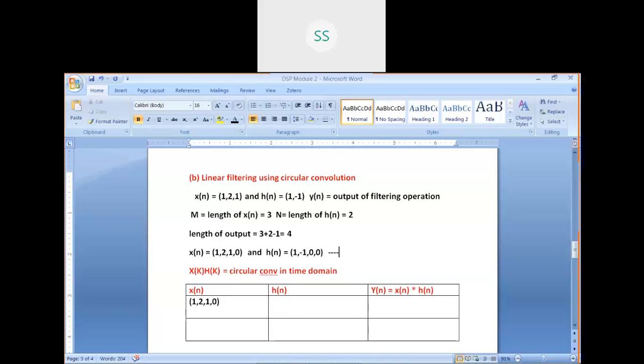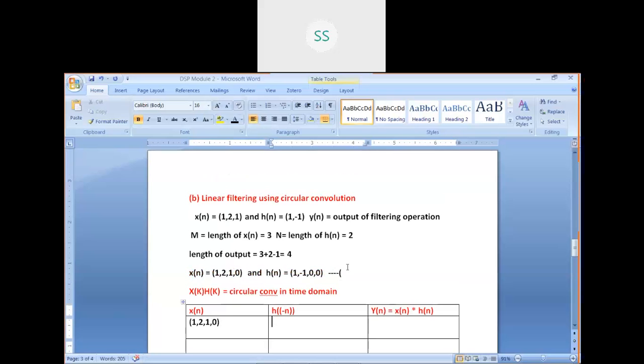So how are we going to do it? What is the new sequence? Actually what we have to write is h of minus n here. How should we write it?